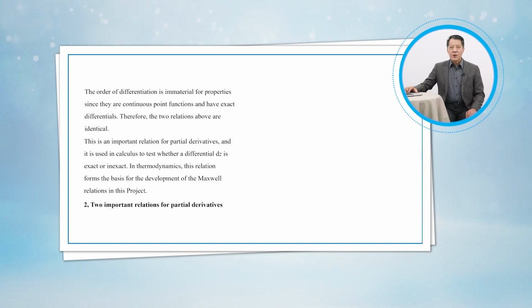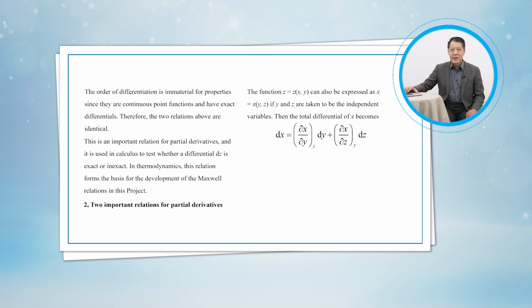Now, let's talk about the two important relations for partial derivatives, that is, the reciprocal expression and the cyclic relation. The function z equals z(x,y) can also be expressed as x equals x(y,z) if y and z are taken to be the independent variables.